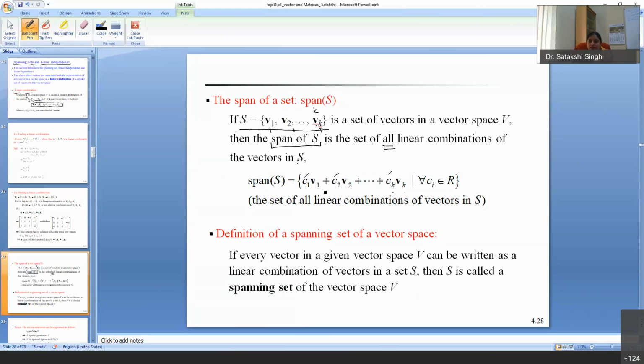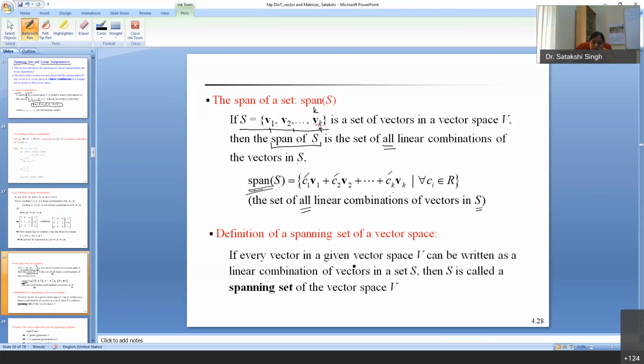Then all the linear combinations will be there in span of S. So this is called the spanning set of S or the span of S.